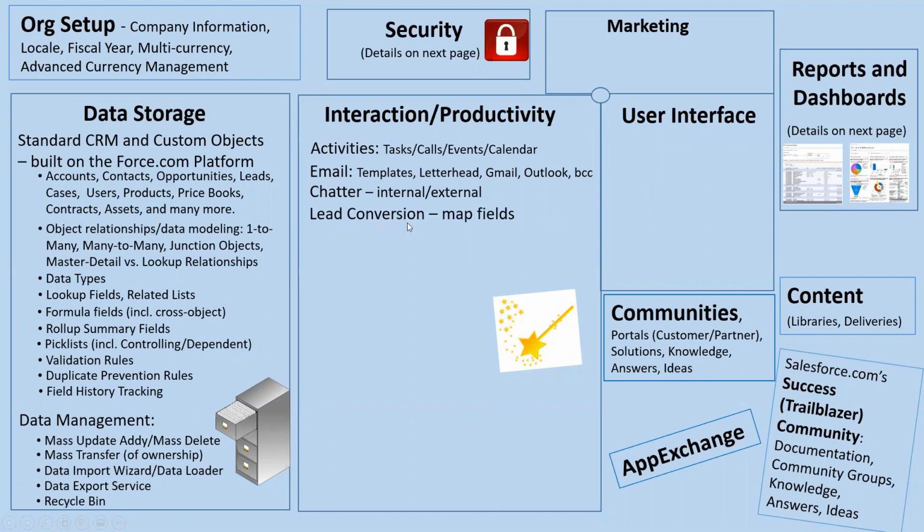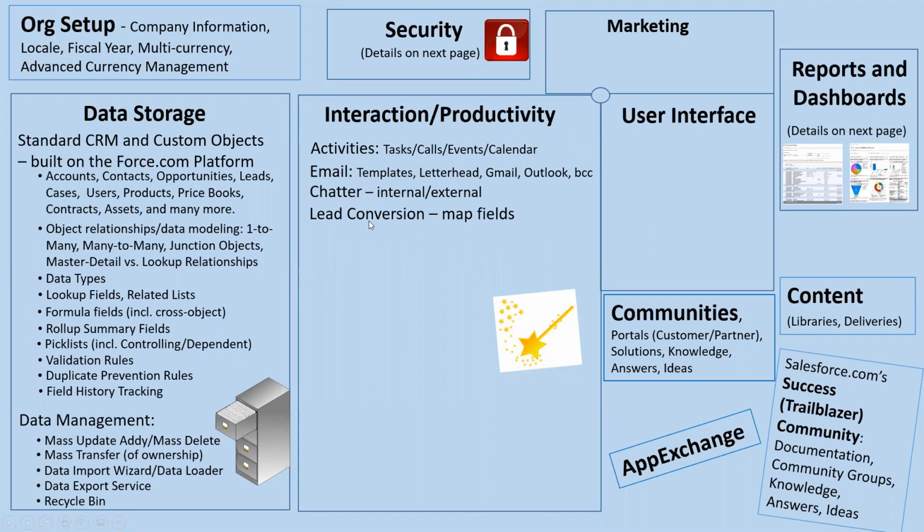So I've put lead conversion here. It kind of all overlaps with leads, which we'll see appear later in this small marketing box. I put it here because it's sort of a user setup issue for the administrator, and it kind of automates processes a little bit.